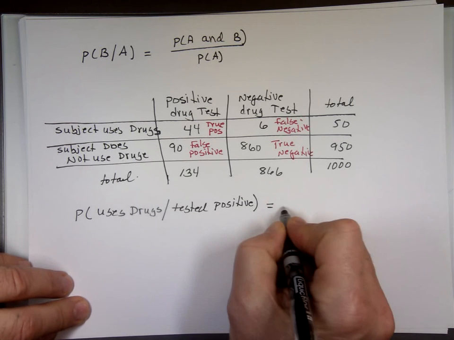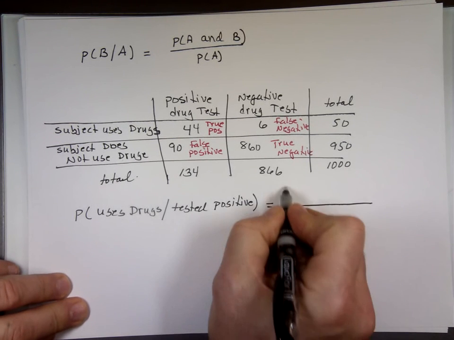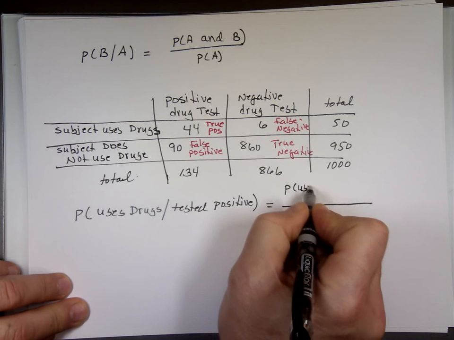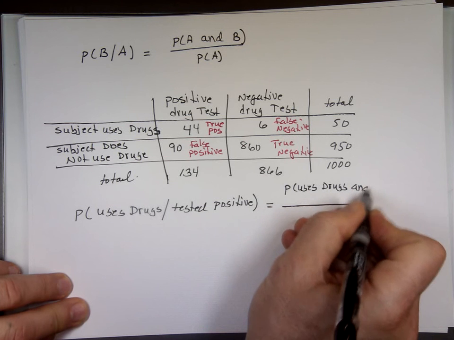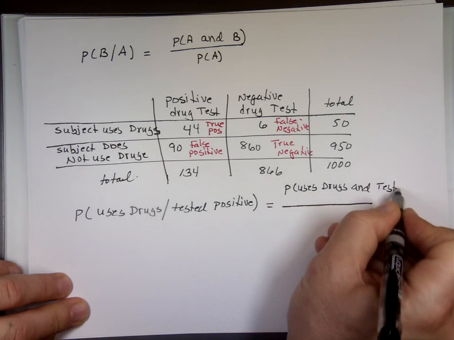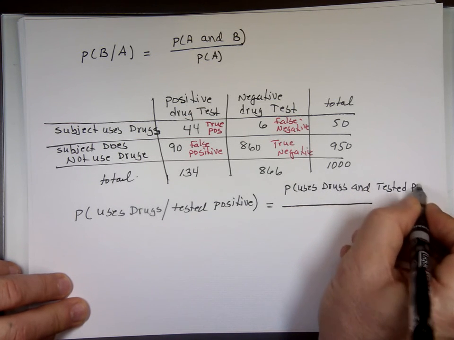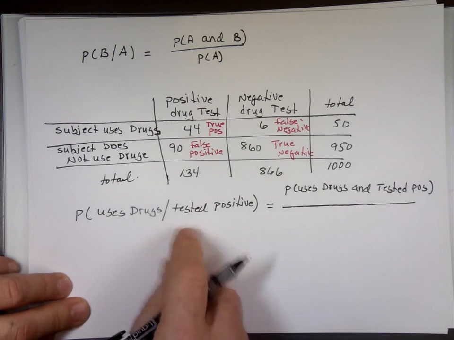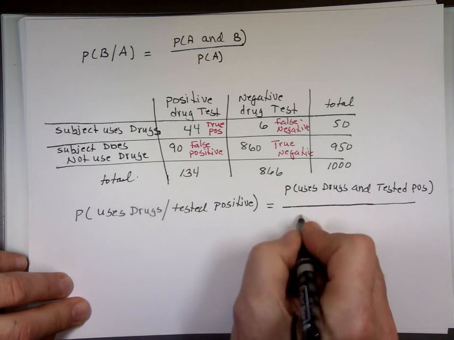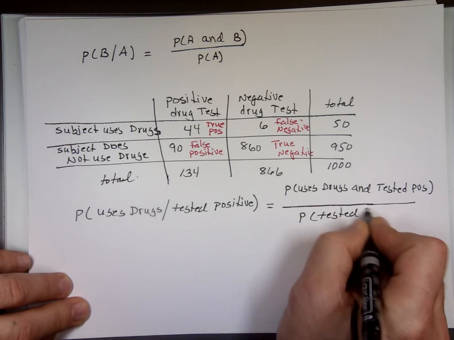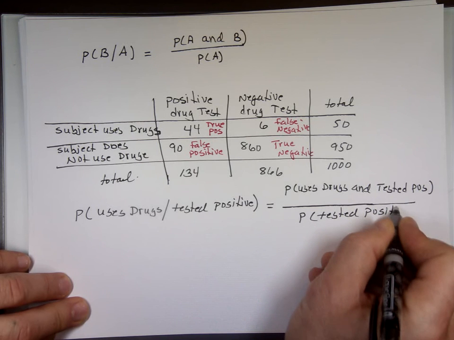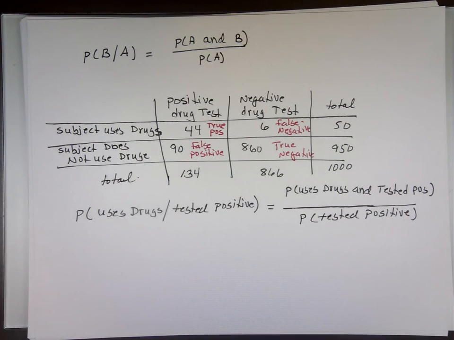The probability the person uses drugs and tested positive, divided by whatever that given one, which is what? The probability the person tested positive.